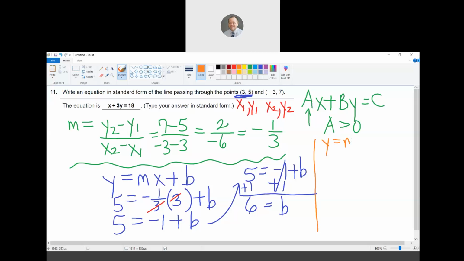Use your y-intercept form again, but this time around, only plug in your slope and your y-intercept. So we have y equal to negative 1/3 x plus 6.